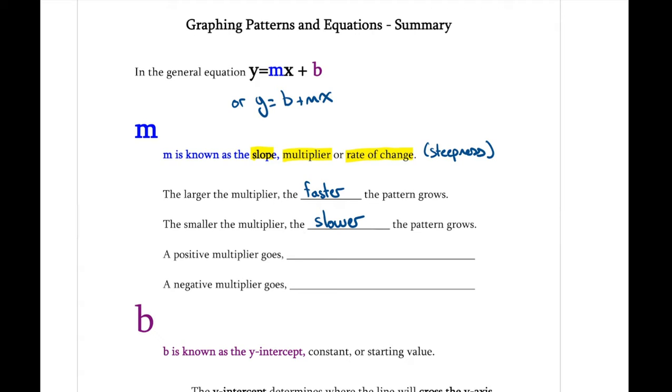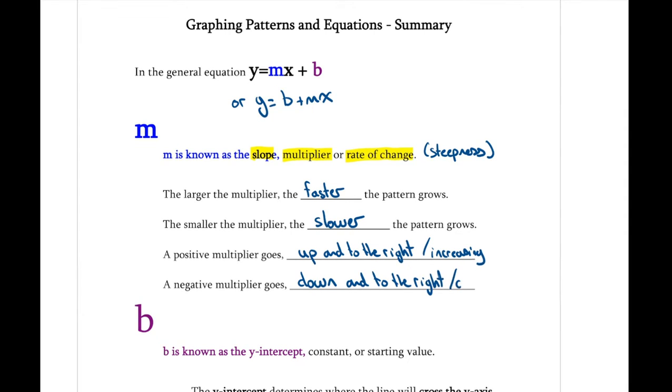A positive multiplier goes up and to the right. You might think of also saying that it's increasing. A negative multiplier goes down and to the right.